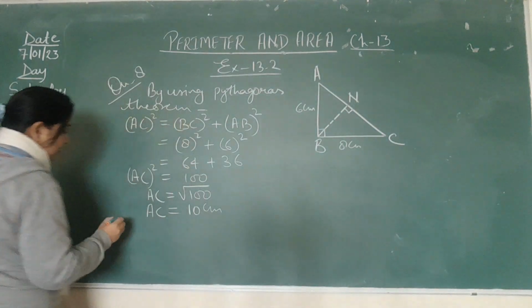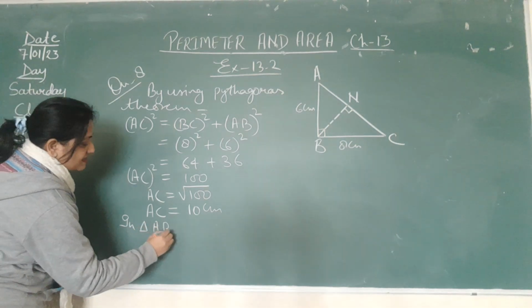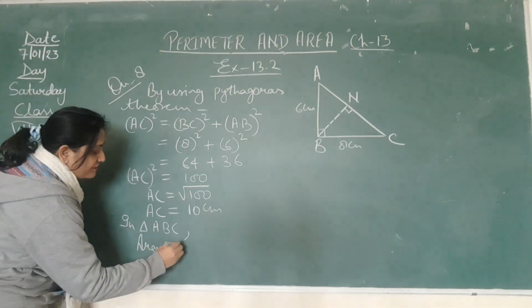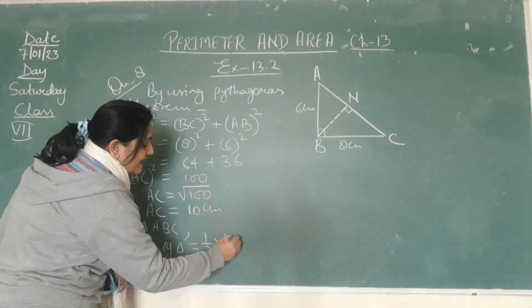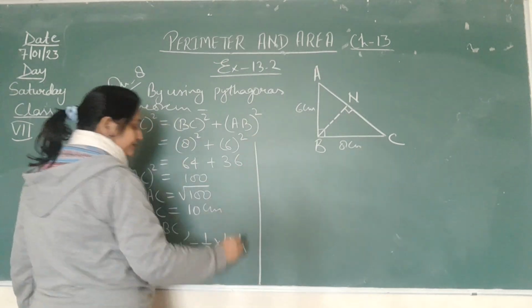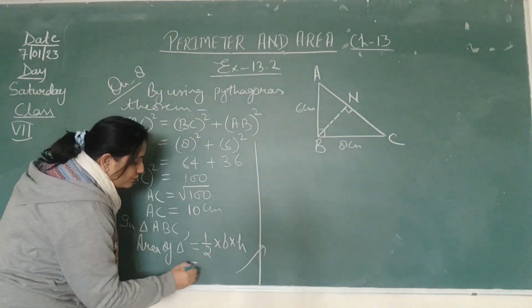So in triangle ABC, area of triangle is equal to 1 upon 2 into base into height. Now put the value 1 upon 2.